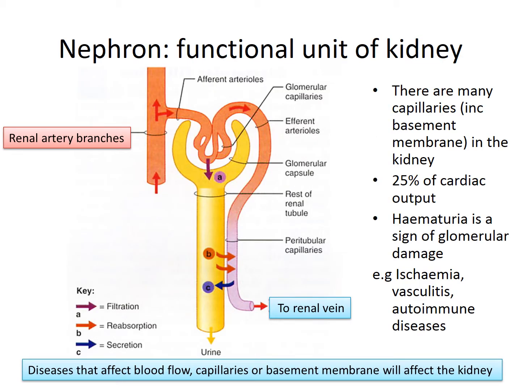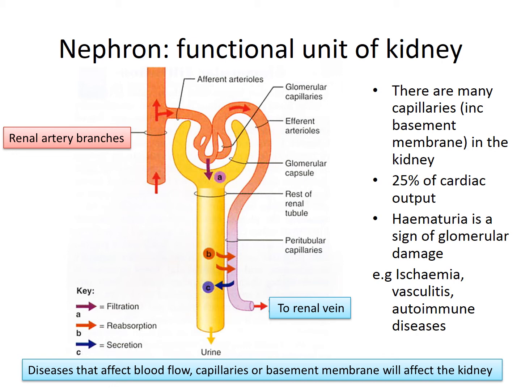So it might look like a complicated slide. Let's start with the yellow structure. The top part of it is labelled glomerular capsule, sometimes referred to as Bowman's capsule. That leads on to the rest of the renal tubule.